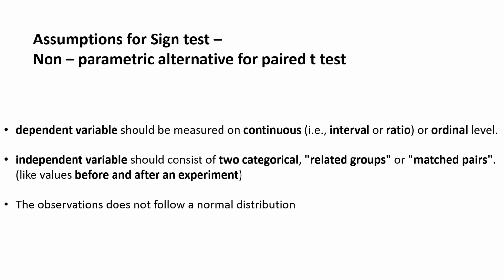The dependent variable can be continuous or ordinal. Continuous can be ratio or interval scale. Ordinal is ordinal categorical. Then what is the other assumption? Observations do not follow a normal distribution.